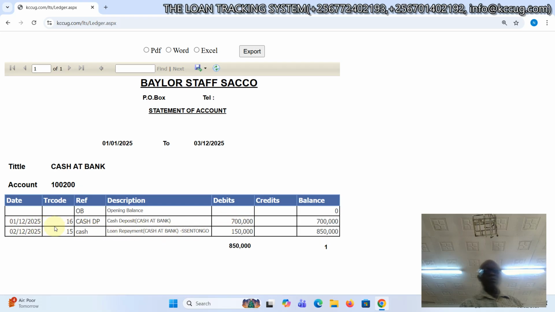for 700,000 shillings. I can see loan repayment, cash at bank of 150. It means the other loan repayment which we effected, instead of putting it on the cash account, we put it on cash at bank, as if somebody went back and did a direct deposit, which is also another form of repayment, and it is okay.